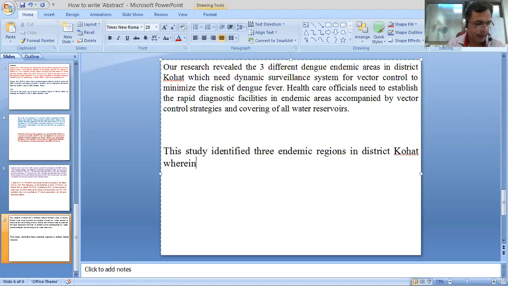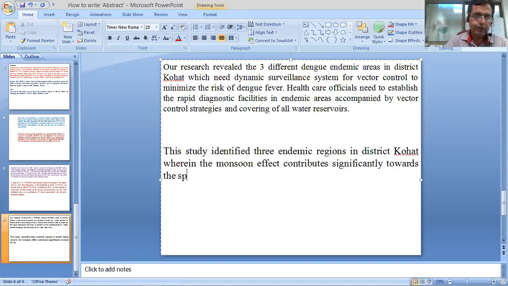So you just state that wherein the monsoon effect contributes significantly towards the spread of dengue fever. So that is your conclusion.